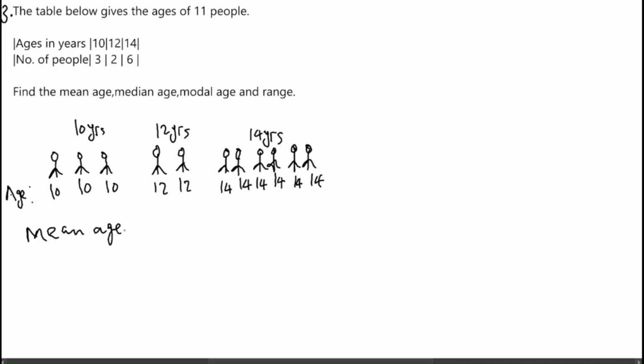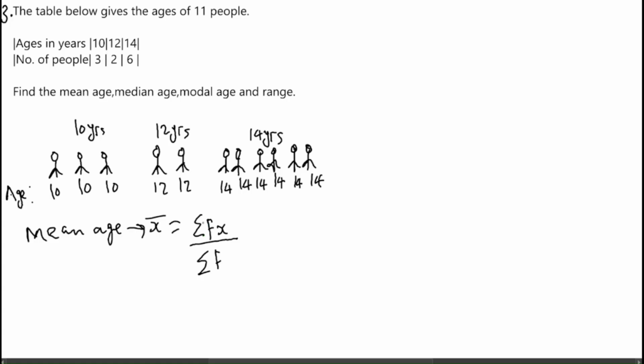The mean age x bar equal to summation of x, but because we are dealing with a frequency table, we are going to say summation of f of x. We've been saying divide by n, but because we are dealing with a frequency table, we are going to say divide by summation of f. Now, what does this f actually mean?